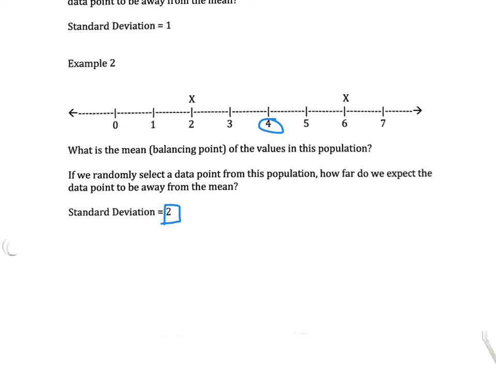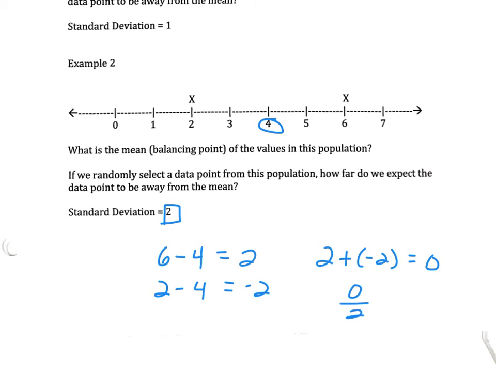If we take 6 minus 4 and get 2, and take 2 minus 4 and get negative 2, and we add 2 and negative 2, we're going to get 0. And 0 divided by 2, well, we know what that's going to end up being. 2 is the number of data points. We're going to get 0. So that's not going to work.